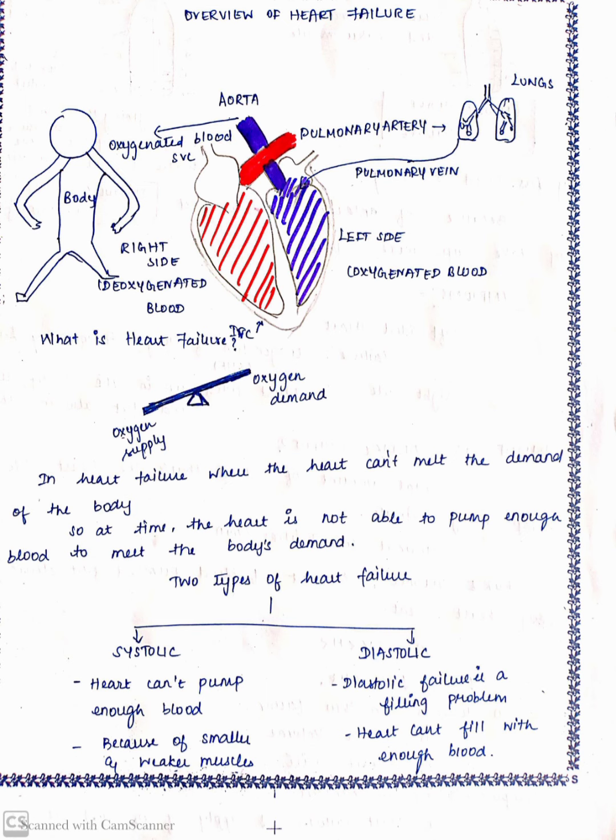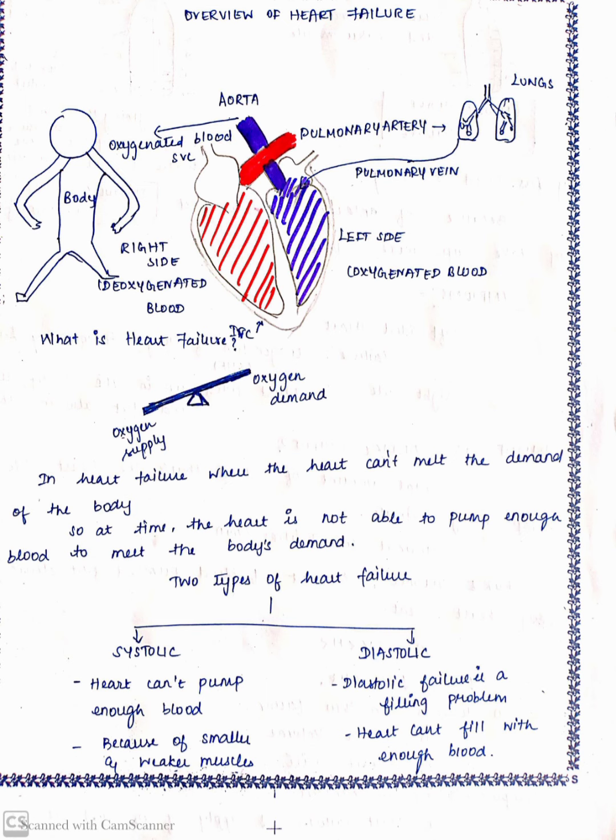Then what happens in diastolic failure? Diastolic failure is a filling problem. So what is diastole? As we all know, it means relaxation, where the heart fills with blood. In diastolic failure, the heart can't fill with enough blood, and when the smaller muscles contract, they don't squeeze as hard as they used to.